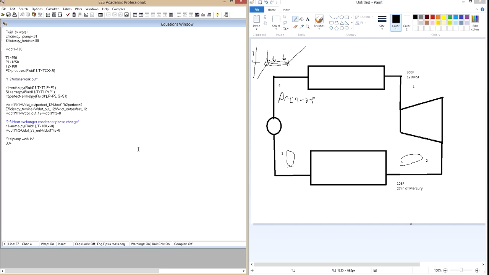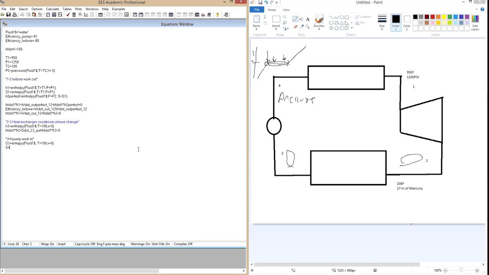But let's just say entropy of 3 equals, I got entropy fluid variable. Let's see, state 3 where T equals 108. And let's just use the conditions we used for our enthalpy, X equals 0, because if we used P, we would run into that same error again about where in the two-phase region we were at. So our entropy at state 3 in the two-phase region. A perfect pump is not going to raise our entropy.